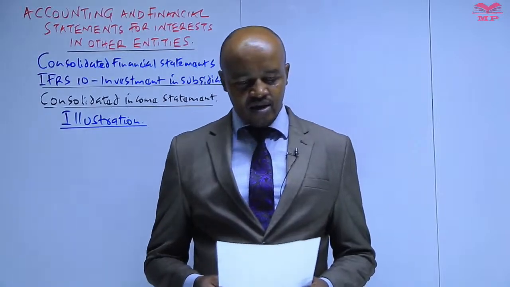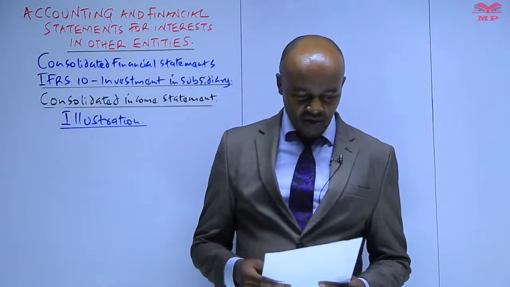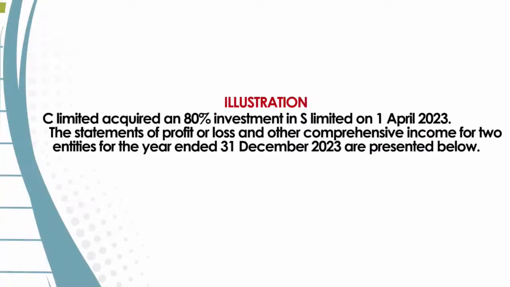We see what we are told and equally what was required. We are told C Limited acquired 80% investment in S Limited on 1st of April 2023. The statement of profit or loss and other comprehensive income for the two entities for the year which ended 31st of December 2023 are presented below.